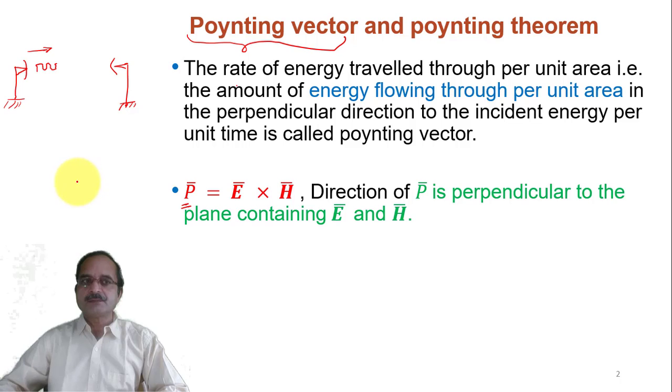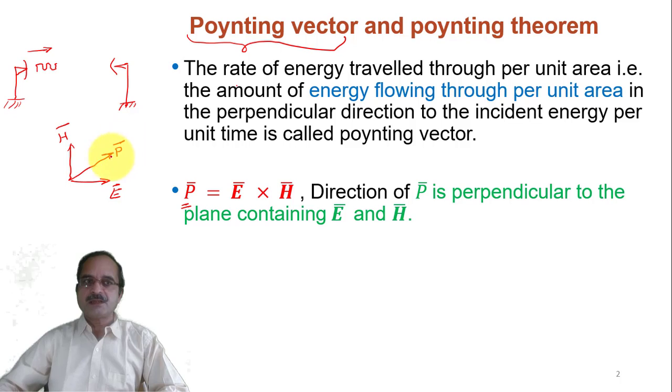For example, if the electric field is oriented in the X direction and the magnetic field is oriented in the Y direction, then in that case the Poynting vector as per this equation is E cross H. So that means it will be perpendicular to both. So the direction of the Poynting vector will be in the Z direction.